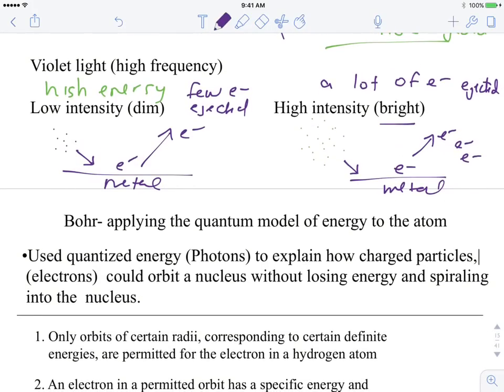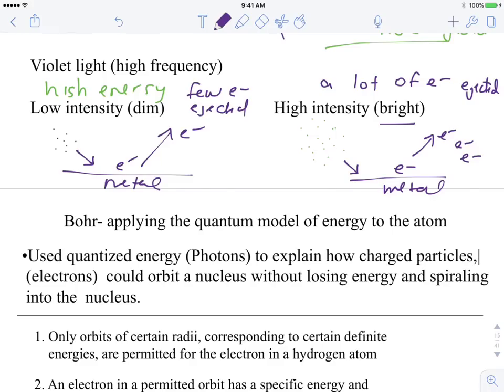So what Bohr did, the new model of this atom, which you learned about in 7th grade, you learned about energy levels. He used the idea of photons, the idea of quantized energy, to say that the entire atom is quantized. Remember, in class we talked about the problem with Rutherford's model: he couldn't explain why the electrons were not being pulled into the nucleus.